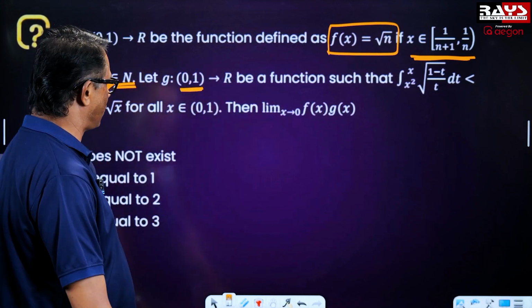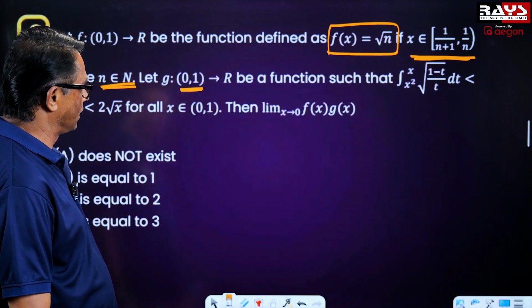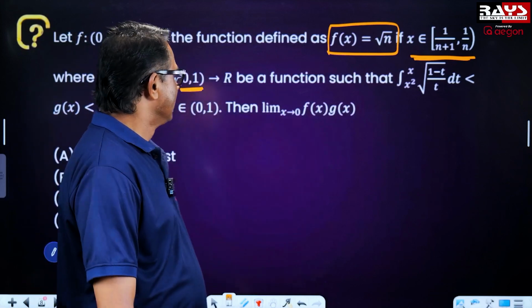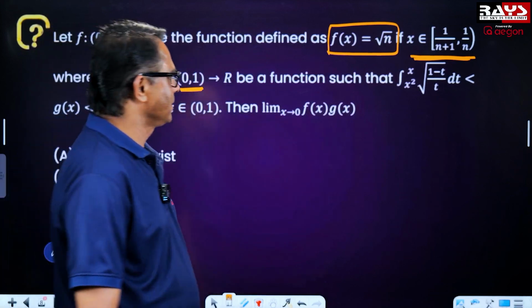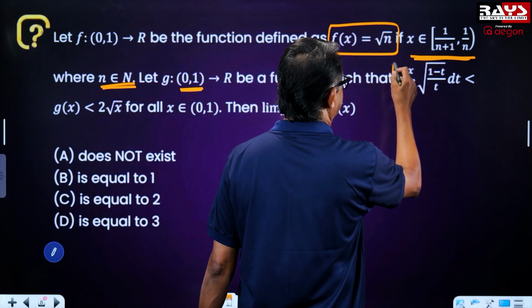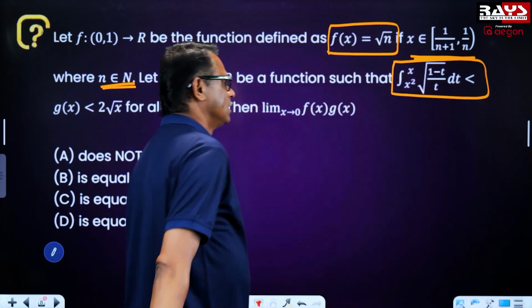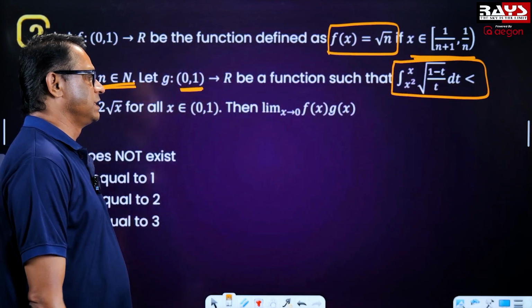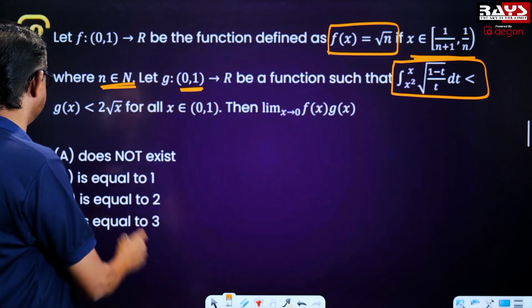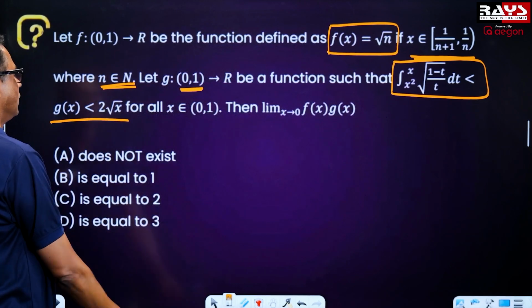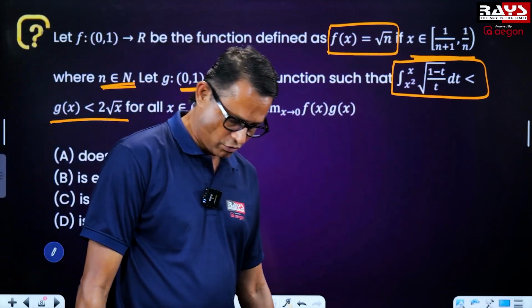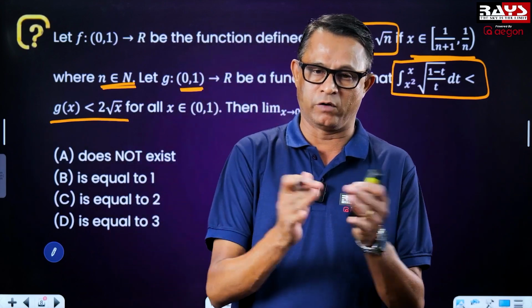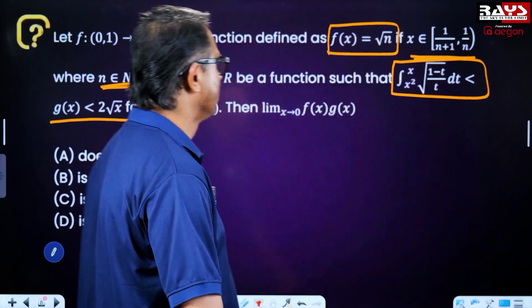g is defined from the open interval 0, 1 to R, the set of real numbers, such that the integral from x square to x of root of 1 minus t by t dt is less than g of x, which is less than 2 root x. So it is an inequality, a function whose lower and upper bounds are given.